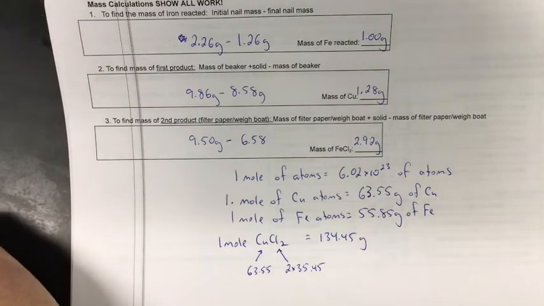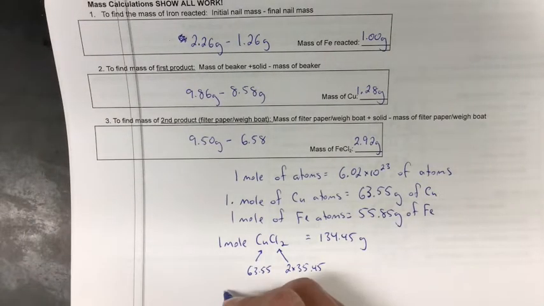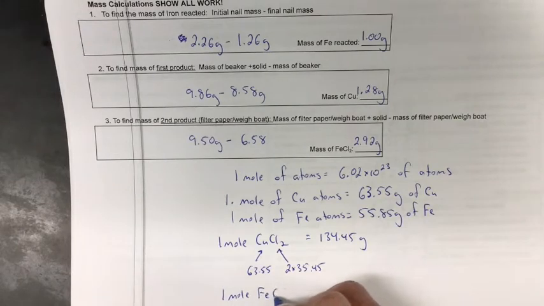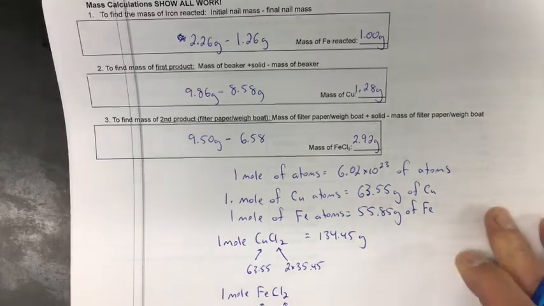And if you do the same thing for iron chloride, so 1 mole of FeCl2, that's going to be 55.85 plus 2 times 35.45.